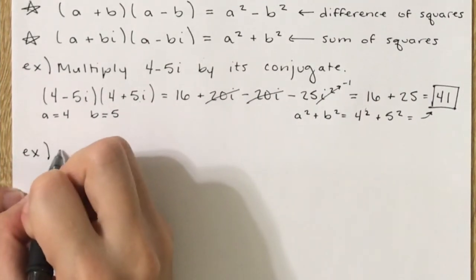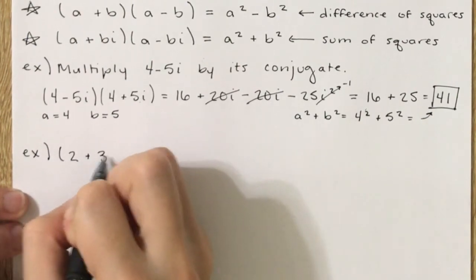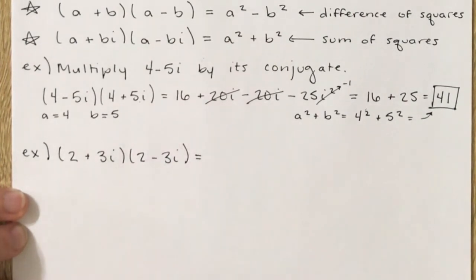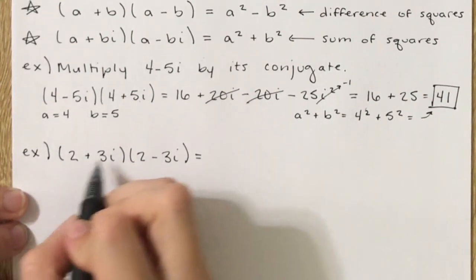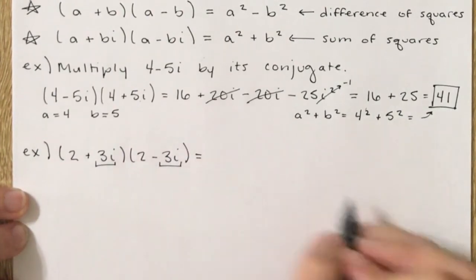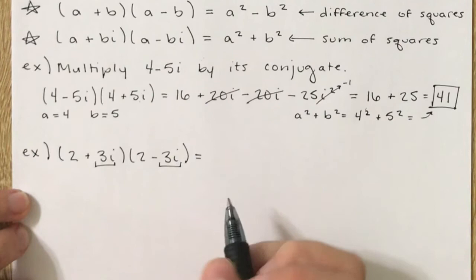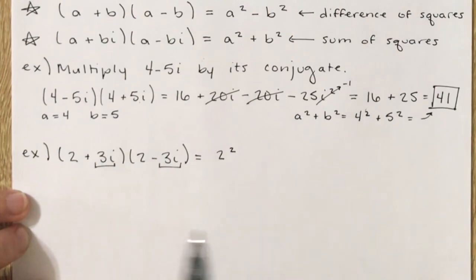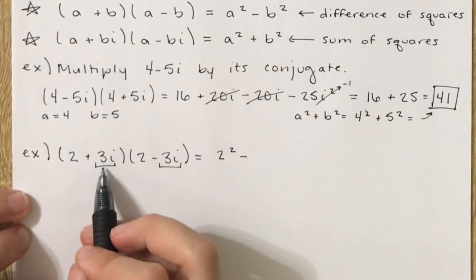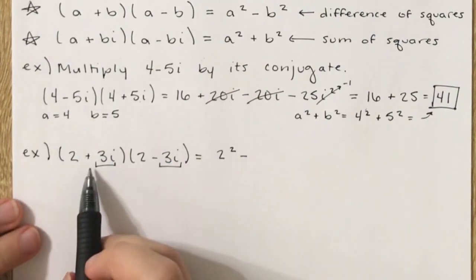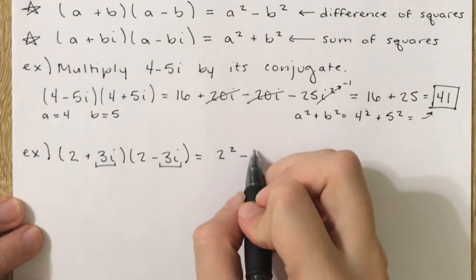Let's say we were doing the same thing with 2 plus 3i and 2 minus 3i. Let's use the difference of squares method here. So we have 2 plus something times 2 minus that same thing. Our difference of squares method tells us that this is equal to 2 squared minus whatever the sign is flipped on, squared.